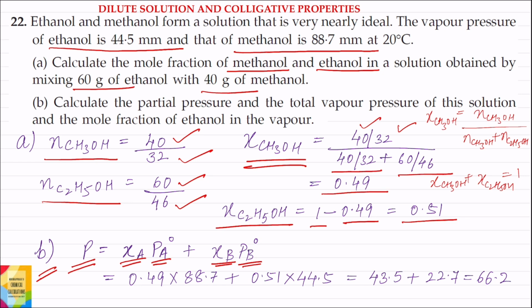Putting the values and solving, जो total pressure आया, that is 66.2 millimeter of mercury. Now the individual pressures, 43.5 is the partial pressure of methanol and 22.7 millimeter is the partial pressure of ethanol. So 43.5 millimeter is partial pressure of methanol and 22.7 millimeter is the partial pressure of ethanol and 66.2 millimeter is the total vapor pressure of this solution.